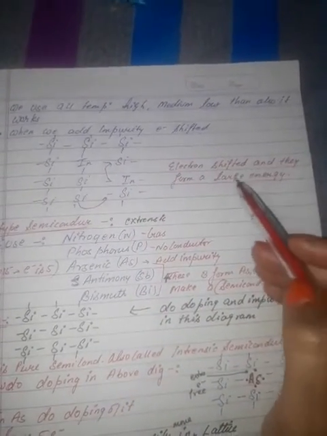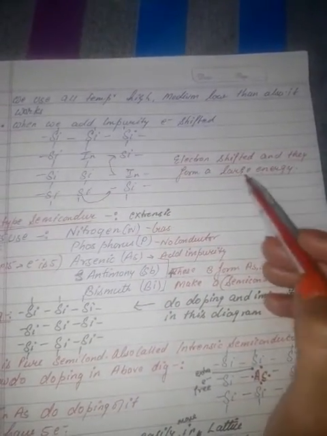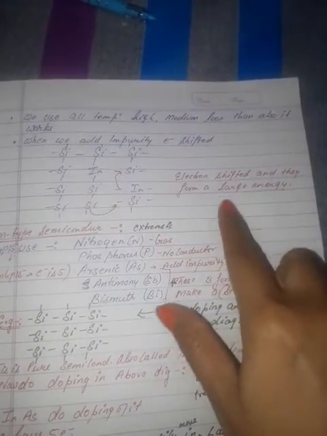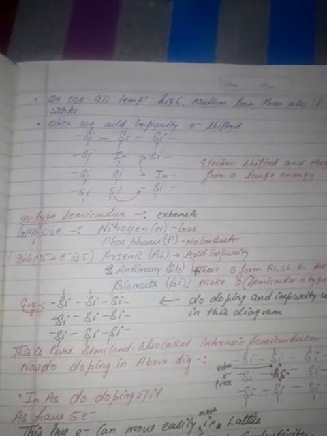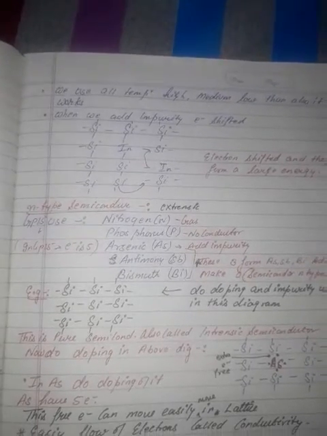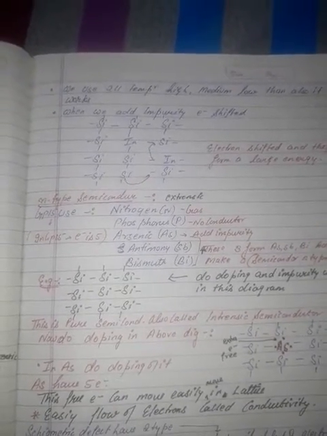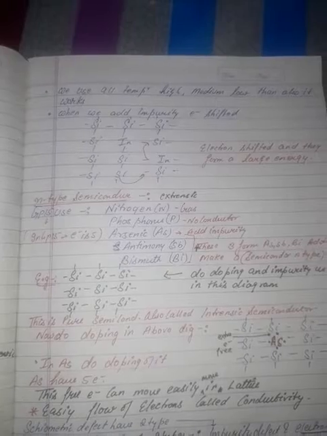So overall, it can be said that electrons are shifted and they form a large energy. When these electrons are shifted from a lower energy level to a higher energy level, then a large amount of energy is created. This we are telling about the p type of semiconductor. This is very important, the p type of semiconductor.